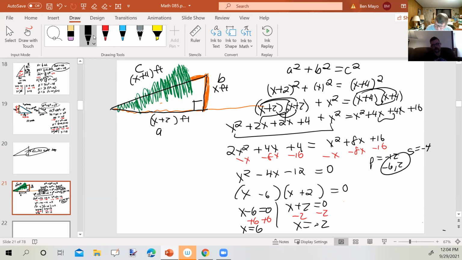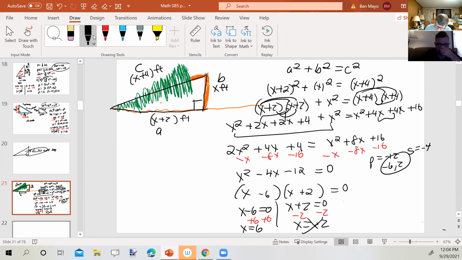X is negative 2. Once again, X has to be a positive value because of the scenario. So let's see. X feet, this would be 6 feet. This would be 6 plus 2, which is 8 feet. This would be 6 plus 4, which is 10 feet.